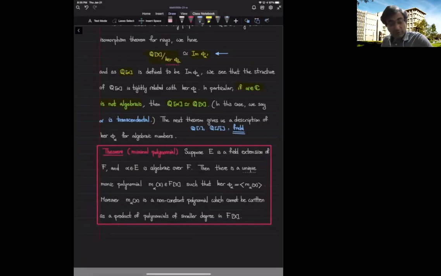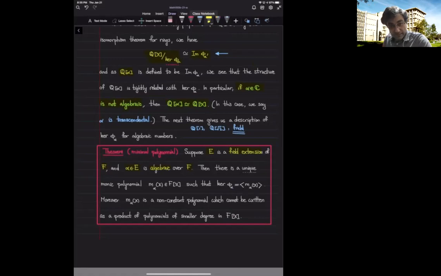So suppose I give you a field extension. So suppose E is a field extension of F. And suppose I give you an element of this larger field that is algebraic over the smaller field. Now I want to get a better understanding of the kernel of the evaluation map.